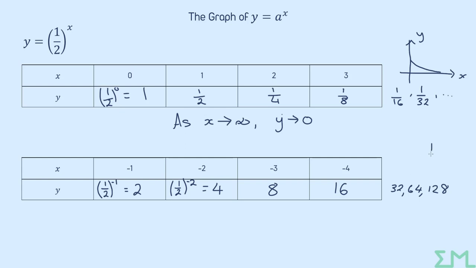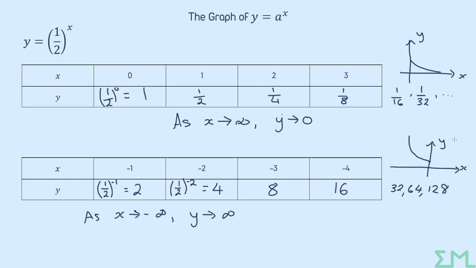So if we drew this as a sketch, we have got starting on here, and we're going up and getting steeper and steeper like we did with the positive values of x on the last one. So as x tends to negative infinity, y tends to infinity.